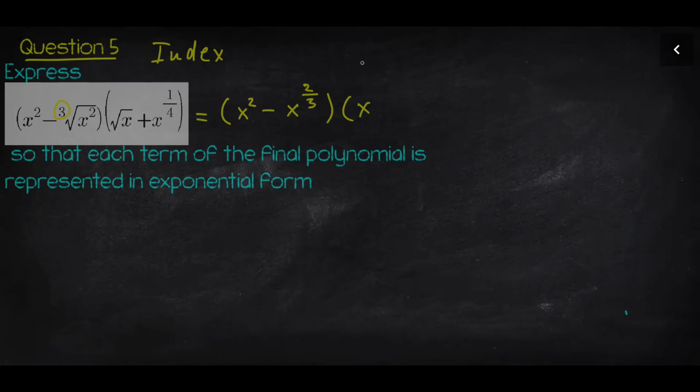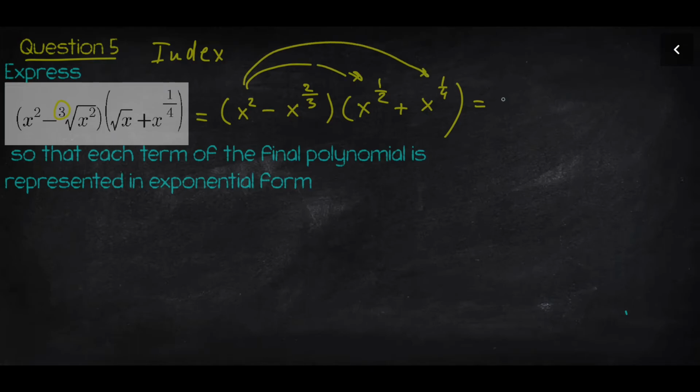Now we just need to expand the brackets. I'll take the first term, for example x squared, and multiply by the first and by the second one. During multiplication, you add the powers. So 2 plus 1 over 2 is going to be 2.5.